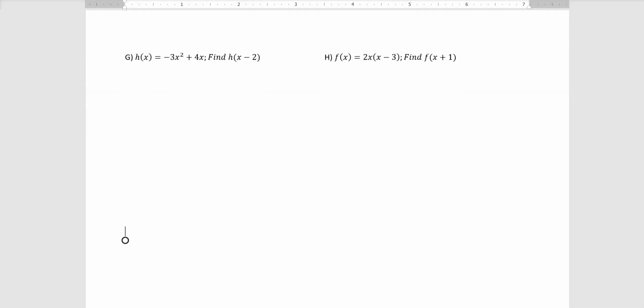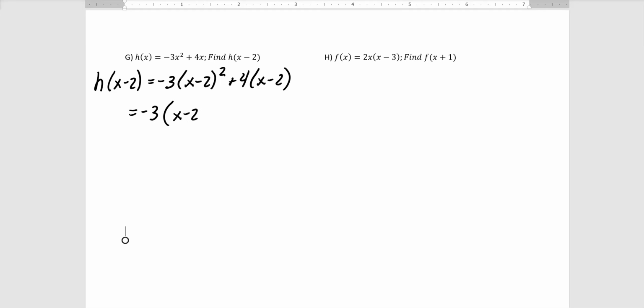h of x equals negative 3x squared plus 4x. Find h of x minus 2. So we'll say h of x minus 2 equals negative 3 times x minus 2 squared, plus 4 times x minus 2. Okay, so let's write this out. Let's expand this multiplication.